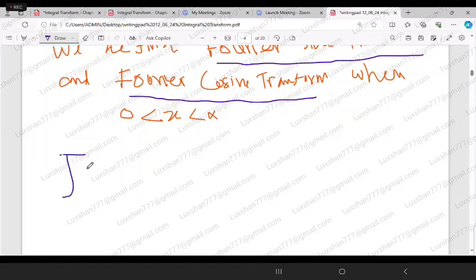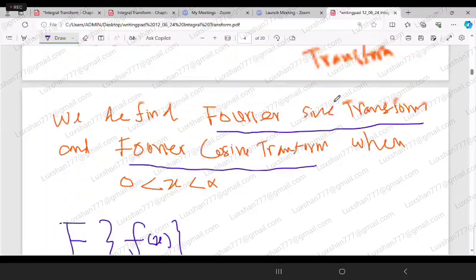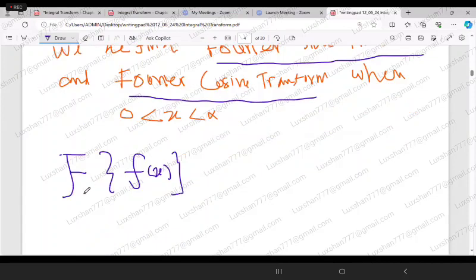The Fourier transform of the function f(x), since it's a sine transform, we put a small s here, indicating the Fourier sine transform.